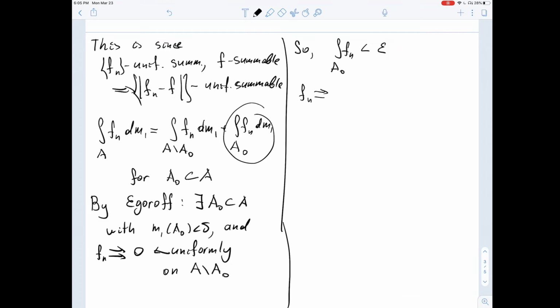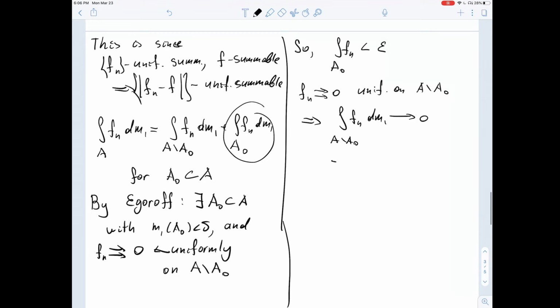And fn converges to 0 uniformly on A minus A0 implies that the integral of fn over A minus A0 converges to 0. This I'll leave to you to check.